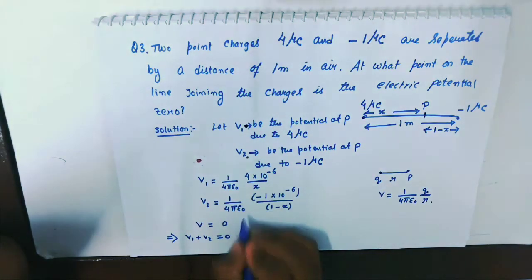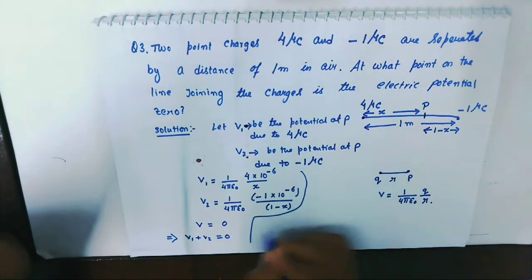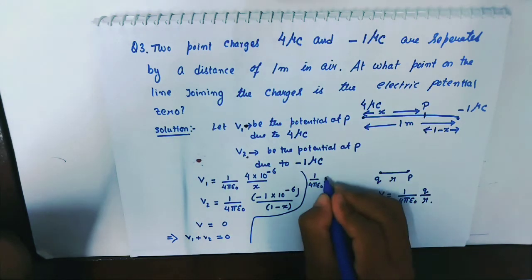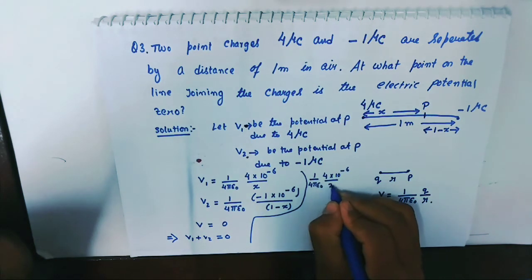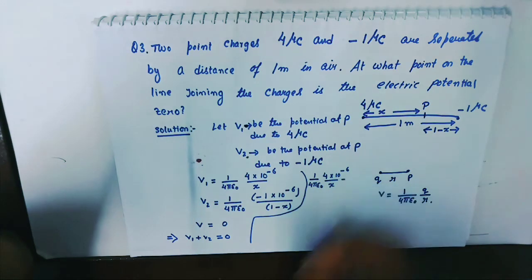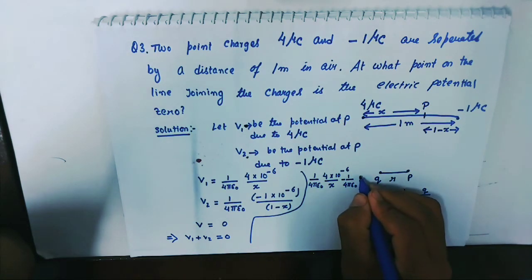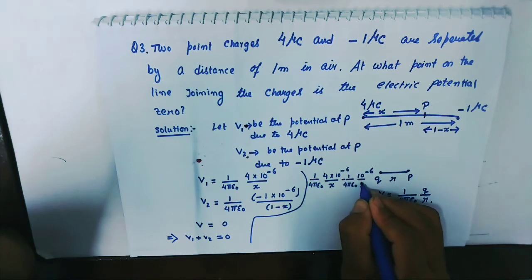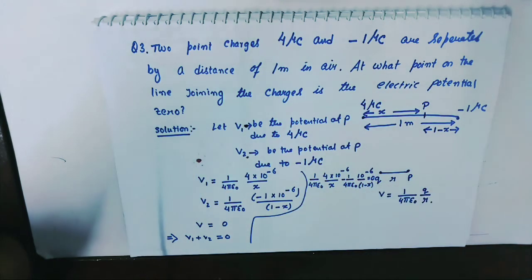So if we use these two equations, we can write 1 by 4 pi epsilon naught, 4 into 10 to the power minus 6 divided by x, then minus 1 by 4 pi epsilon naught, then 10 to the power minus 6 divided by 1 minus x. So this is equal to 0.